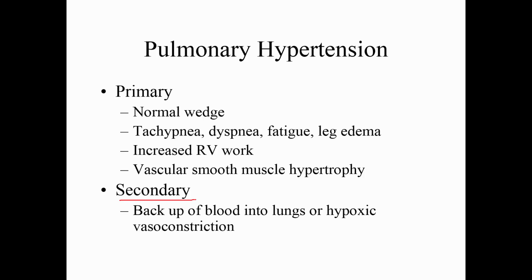So what about secondary? It's because blood is backing up into the lungs, or because of pulmonary disease and hypoxic vasoconstriction. So if there's something wrong with the left heart and there's blood backing up into the lungs, if there's some kind of septal defect and the high pressure left blood is shunting over to the lower pressure right, if you have hypoxia because of chronic obstructive pulmonary disease, then you're going to have hypoxic vasoconstriction.